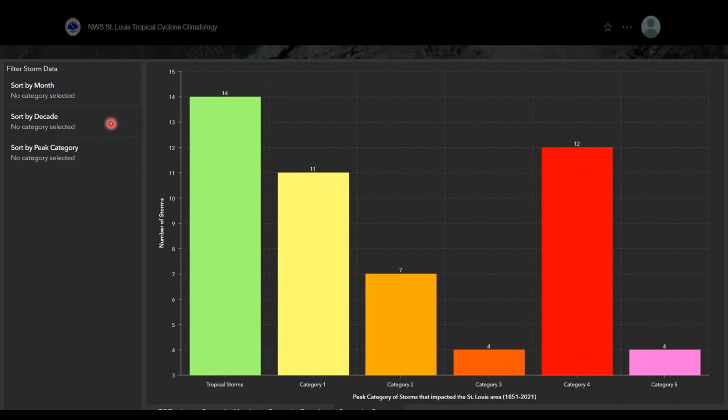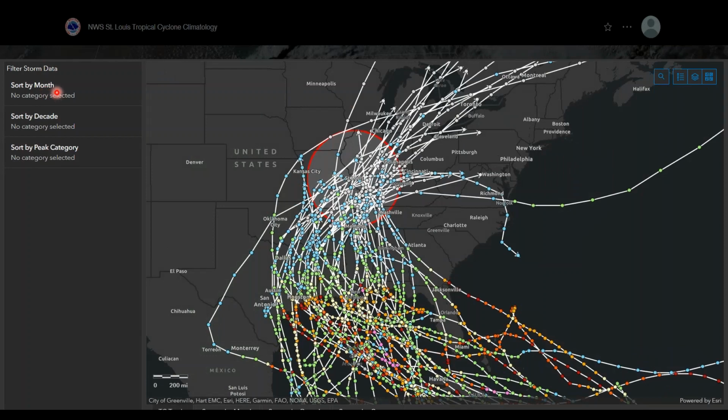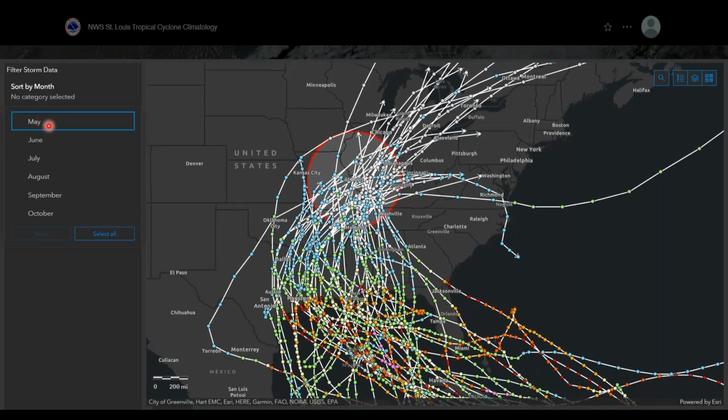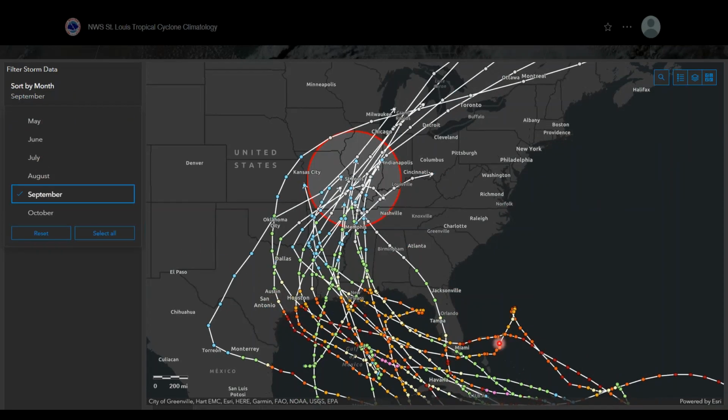That being said, I wanted to also bring your attention to this interesting feature that I was able to look into, which was the filter storm data options that we had, which allowed us to sort by month for the storm. So if you wanted a query of, okay, I'm looking for a specific storm that I think happened in, let's say, September, now we have sorted all of the storms that occurred in September.